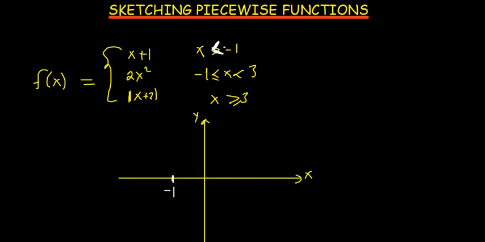So you find that y is going to be 0. But do not include 0. I'll put an open circle. Why? Because this is just less than. And then get any number less than negative 1. A negative 2, put here. Negative 2 plus 1. That is going to be negative 1.